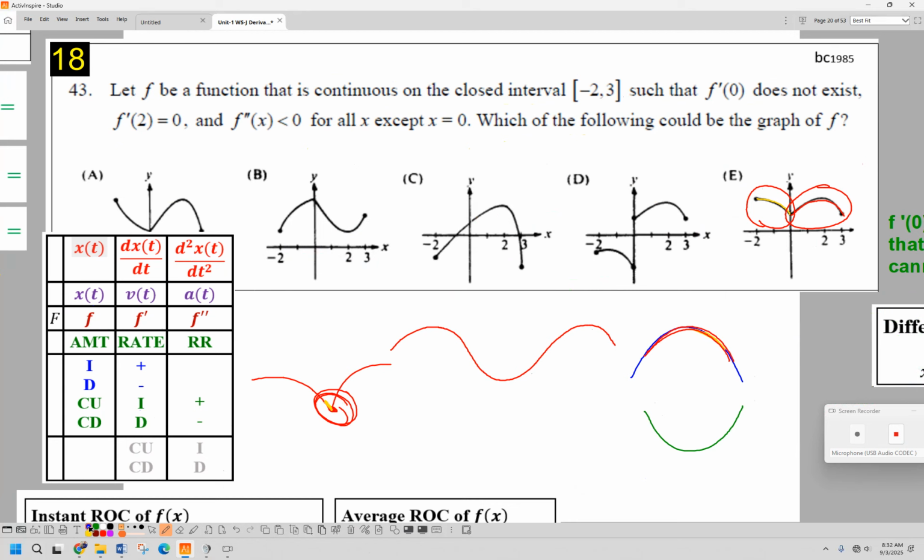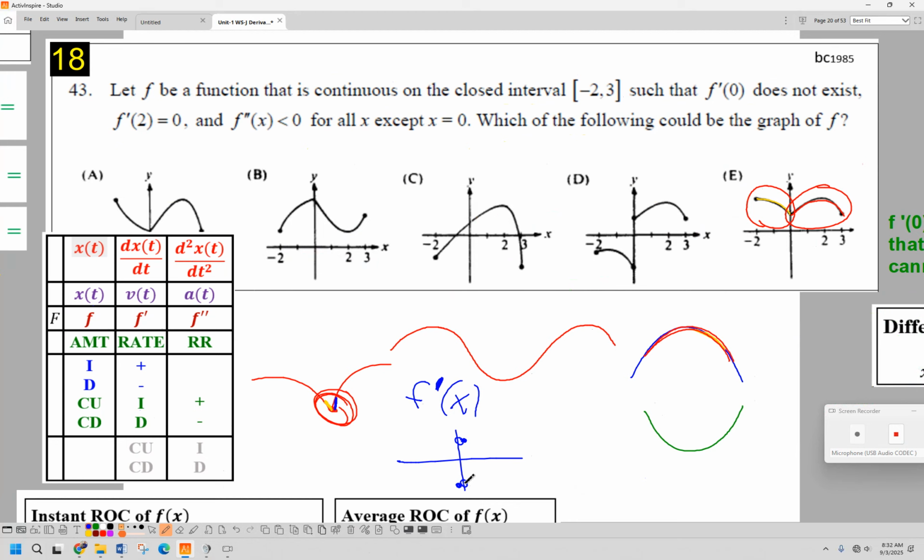The slope right here just after the corner. So if you're graphing F prime, you're going to end up with a dot just before x equals 0 that has a negative value down here. Just after x equals 0, you're going to get a dot that has a positive value up here and no value in between. So it's a jump.